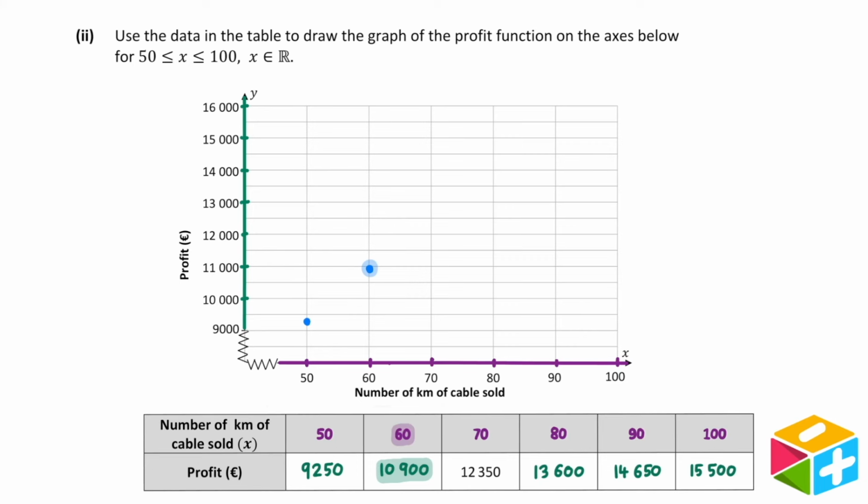The next point is 60, 10,900. The next point is 70, 12,350. The remaining points can be plotted in a similar way.